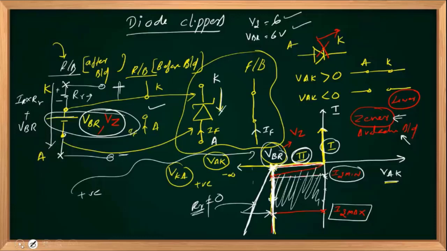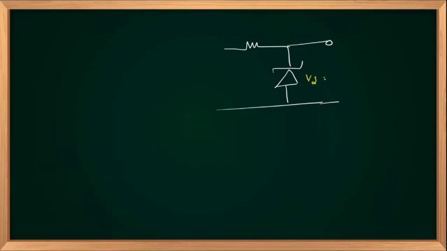Okay. So let us take a simple example in which your Zener diode is placed like this. It is given that VZ of the Zener diode is 5 volts.